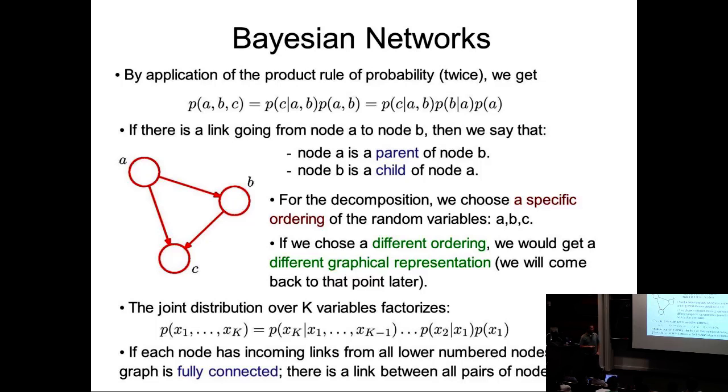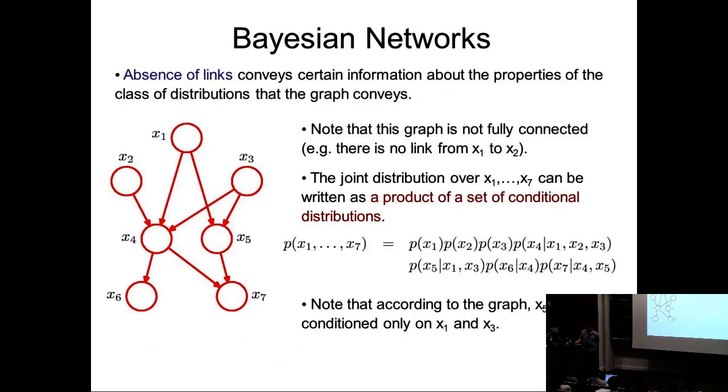If each node has incoming links from all lower numbered nodes, then the graph is fully connected. So you basically have a link between all pairs of nodes. If I look at any joint distribution with that particular structure, then the graph is known as fully connected.